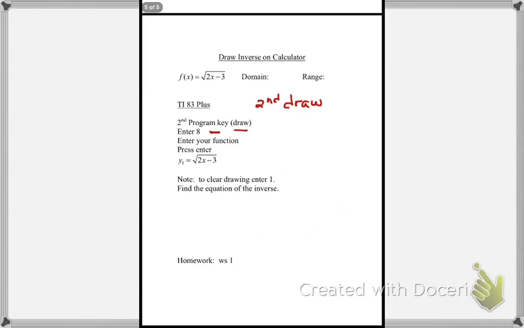Then it's going to come out and say draw inverse. Then you're going to tell it y1 by going to the vars key, scroll to the right to the y vars, hit 1 for function, then hit 1 for y1, and then hit enter. And this will graph your original function and draw its inverse.